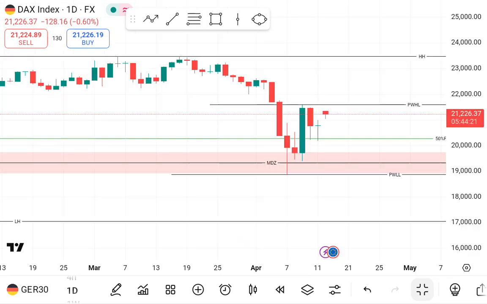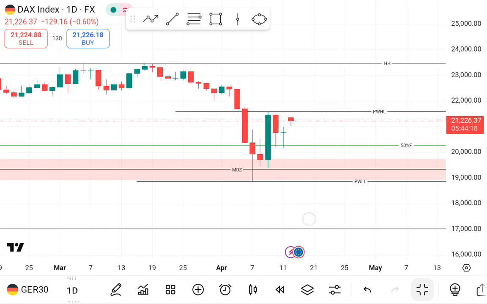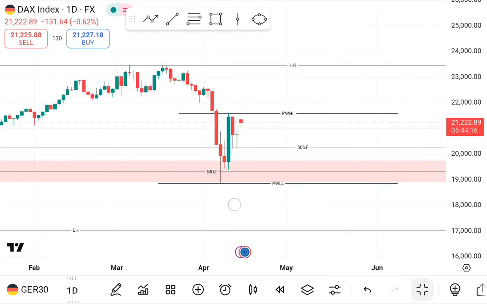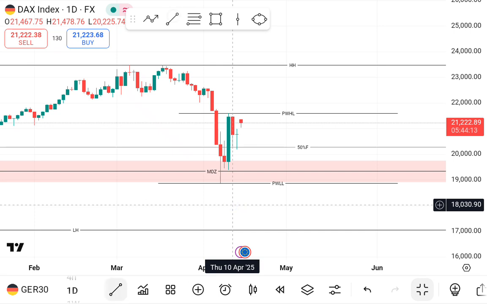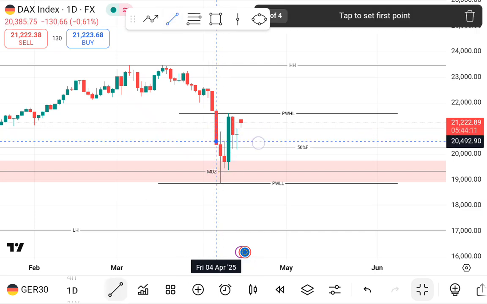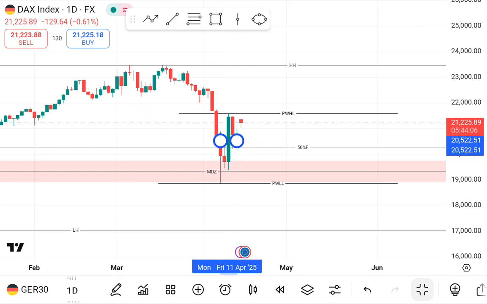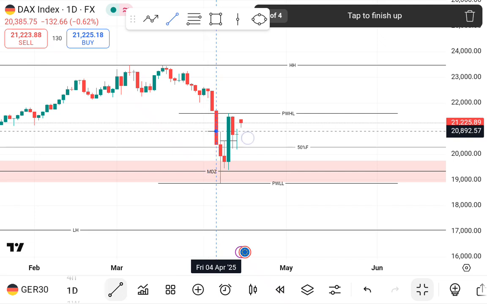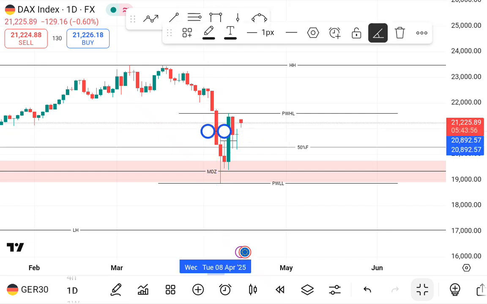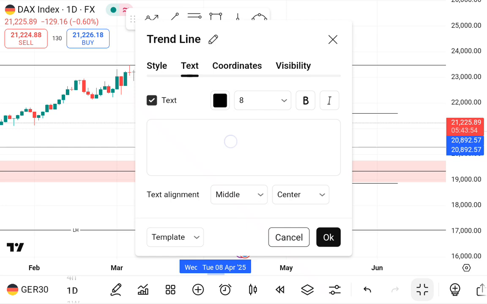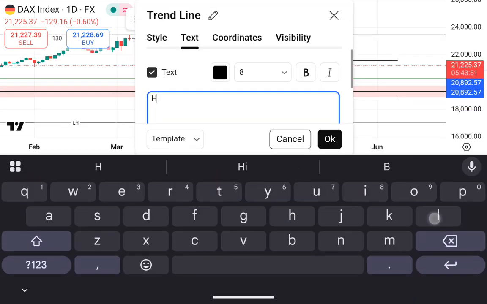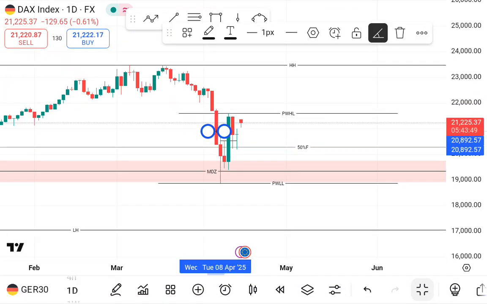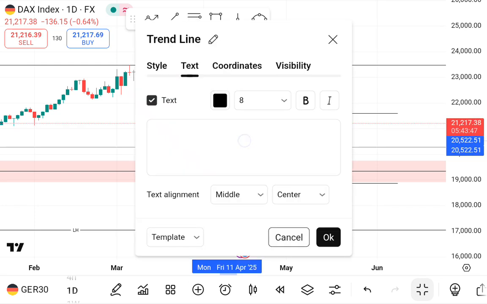You can see that it broke the high of this candle, and then it broke the high of this candle right over here, which are my daily candles. I'm just going to mark my lower high and my higher low.